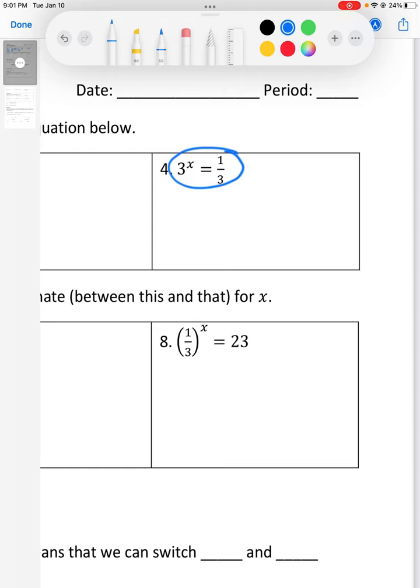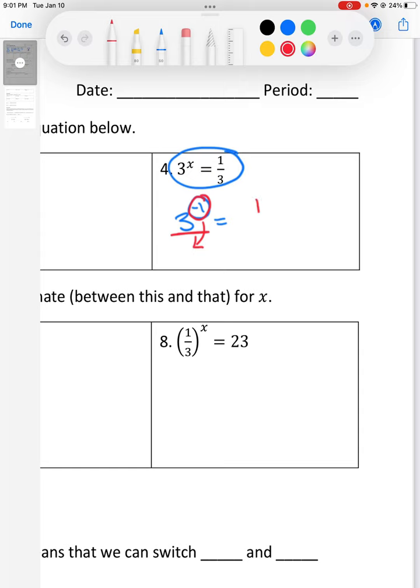What raised to the exponent gets us to 1/3? Well, let's see if you remember how to get a fraction. So 3 to the -1 gets that, because what happens when we have a negative exponent? If you remember from your exponent properties, a negative makes the exponent go to the bottom of the fraction.